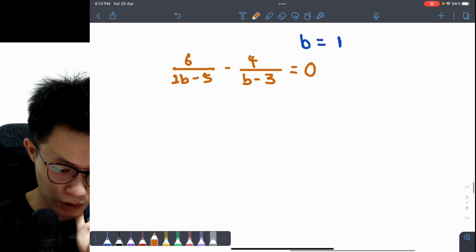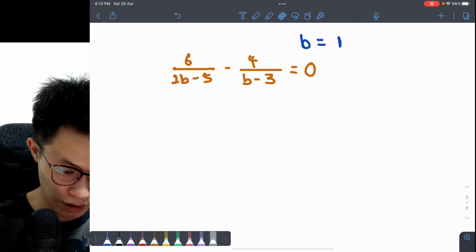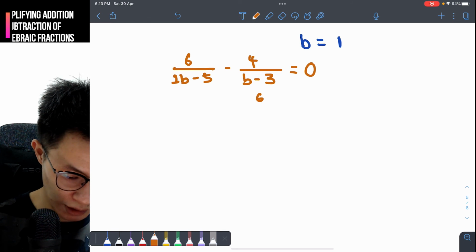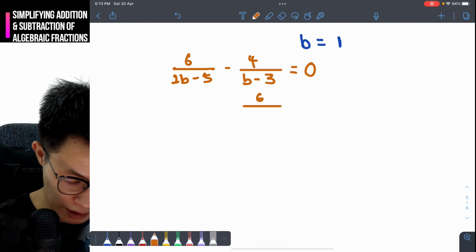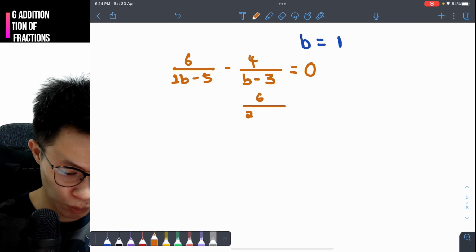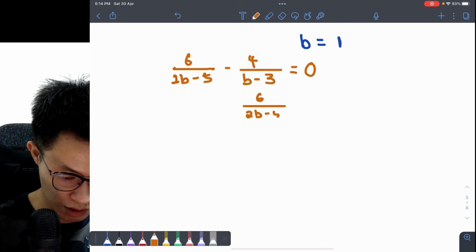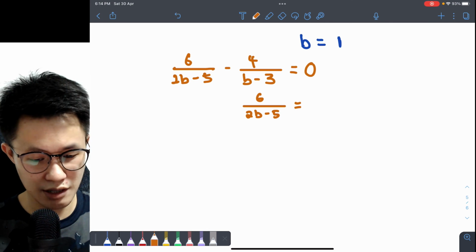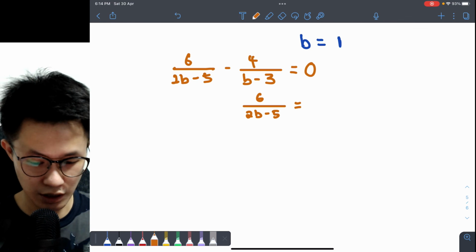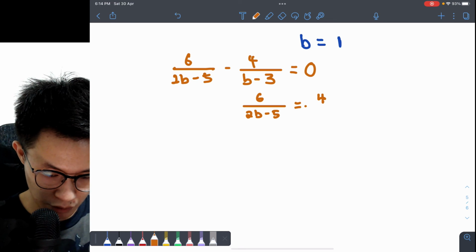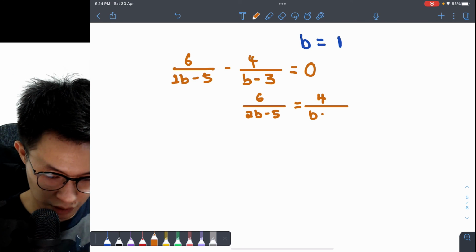So what I'll do here is bring over one of the fractions to the right side. Since it's minus 4 over b minus 3, when I bring it over, it will be positive 4 over b minus 3.